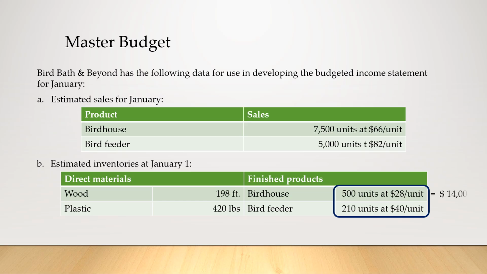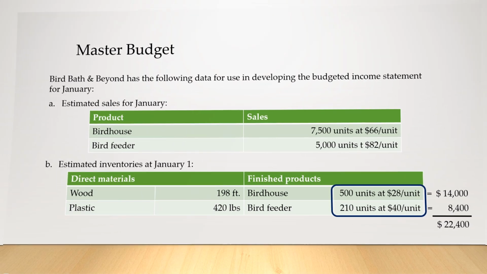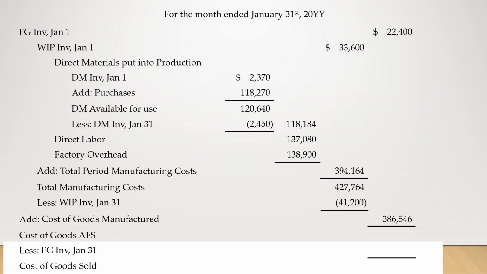We'll have $14,000 of birdhouses and $8,400 of bird feeders for a total beginning finished goods inventory of $22,400. Combine that $22,400 with cost of goods manufactured, and cost of goods available for sale is $408,964.